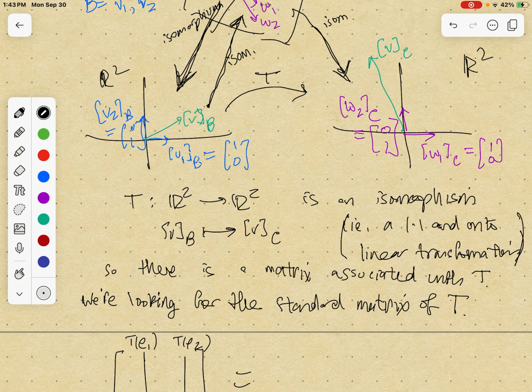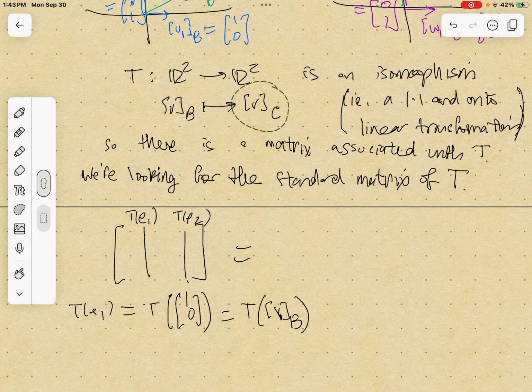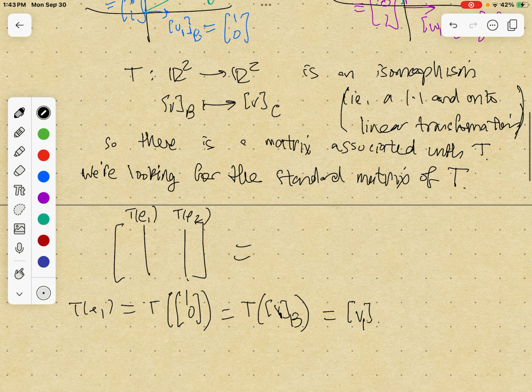T maps the coordinate with respect to B to the coordinate with respect to C. And so T of this element, because it's a mouthful to say, is going to be V1 relative to the basis C.